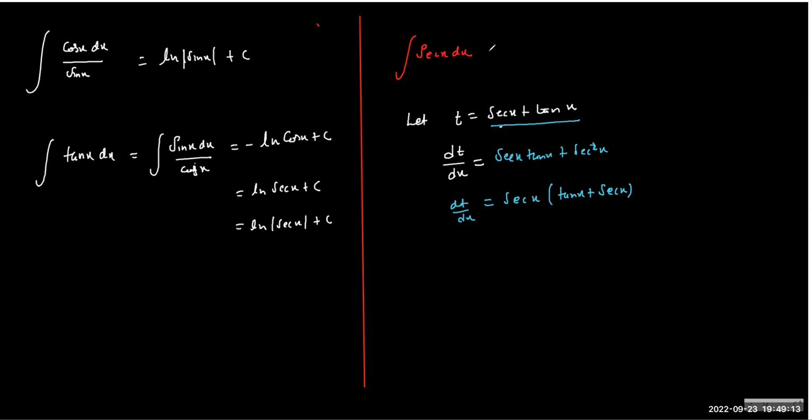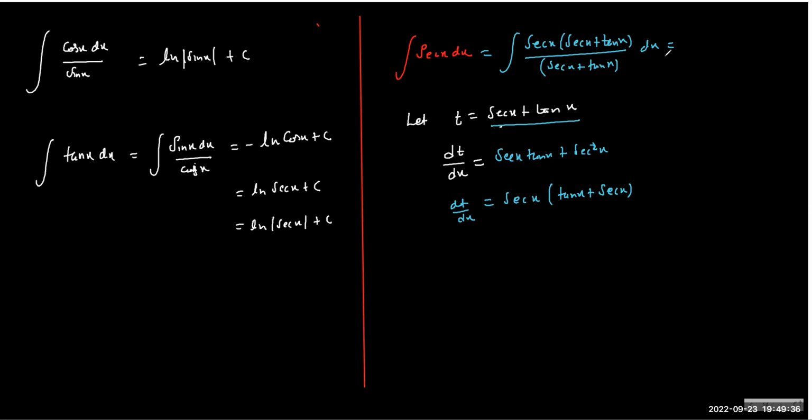That is why this is actually rewritten as, and now you can see that the numerator is the differential of the denominator.